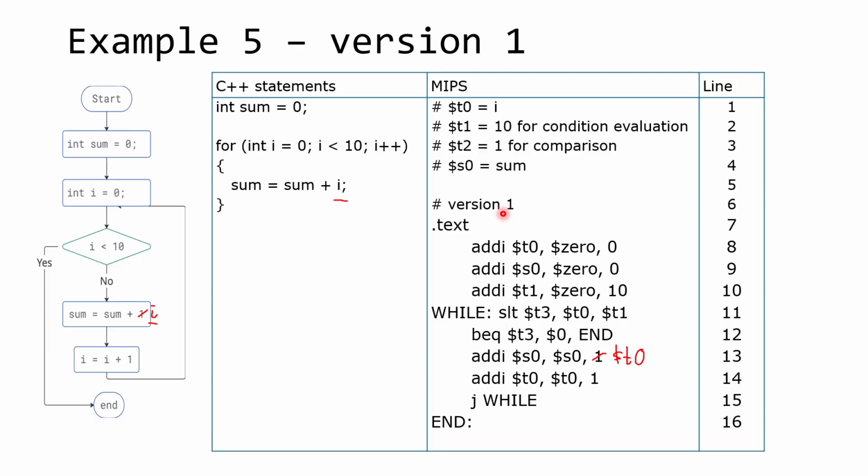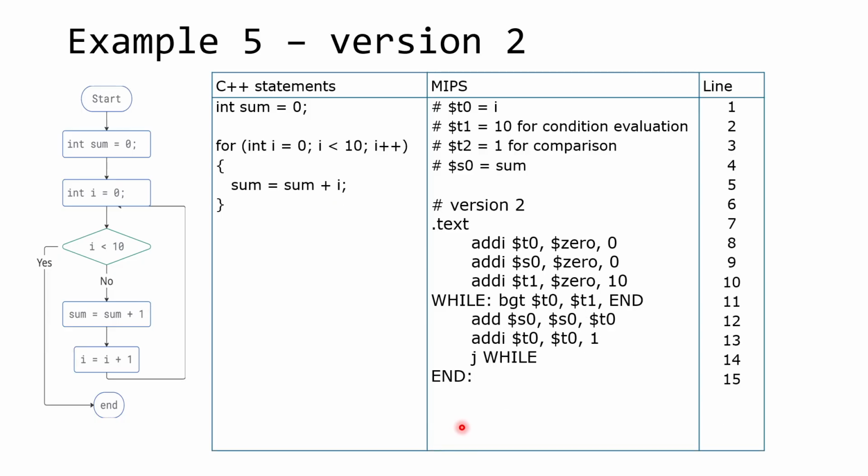Counting variable I here, a counting variable to end the loop. So addi t0, t0, 1, or maybe I minus minus. Regardless, it depends on your C++ code. And then j while. So you jump to the while. So there is some branching that will go out of the while loop, right?